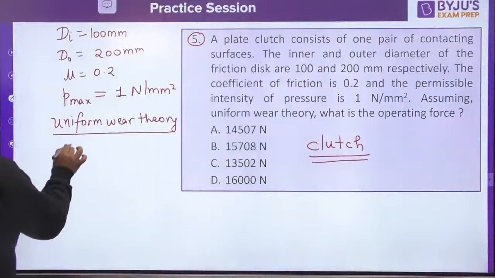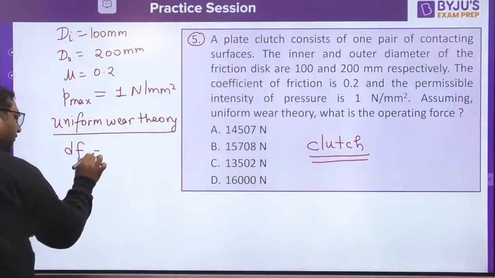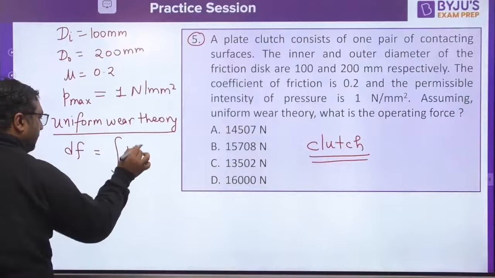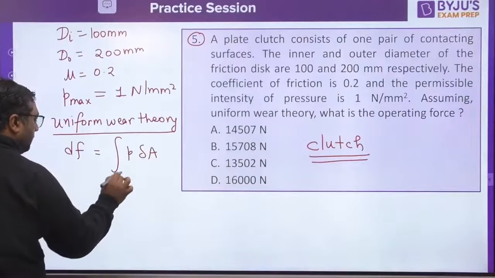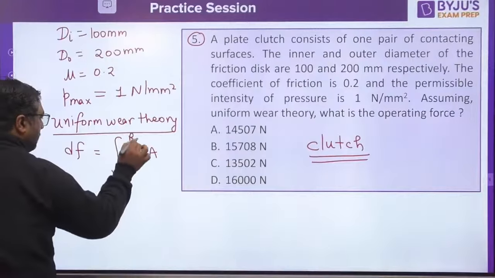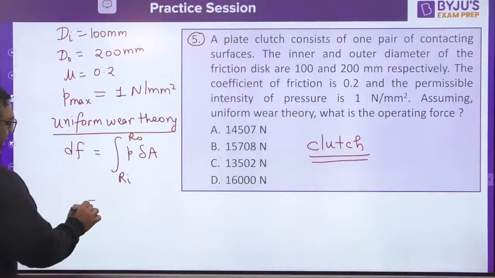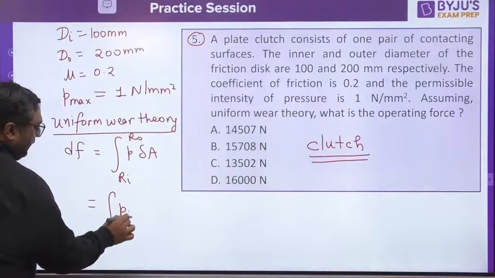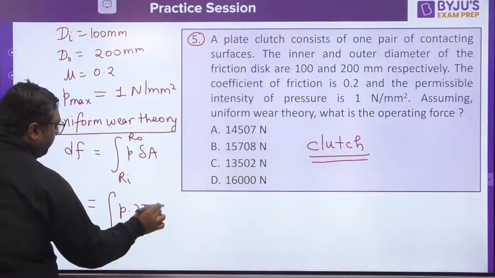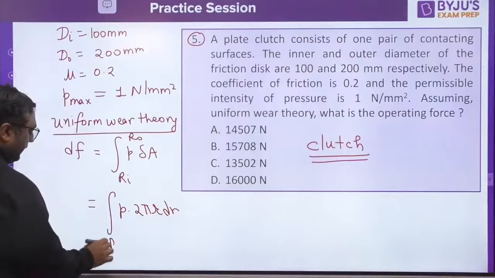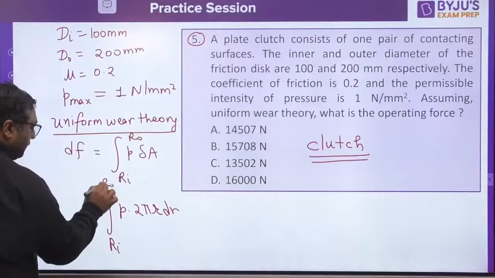You know that when we derived it, dF was integration of P into dA, from Ri to R naught, where dA is 2 pi R dr. So I am giving you the hint along with it.